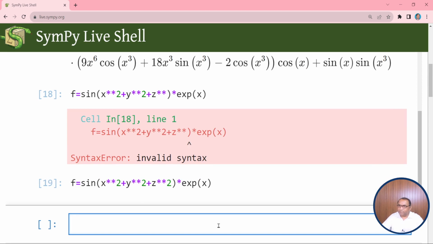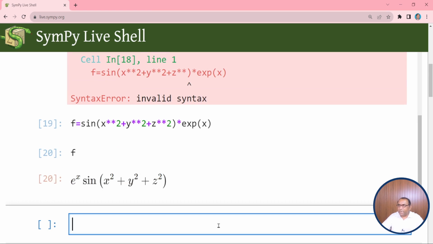When you enter, yes, again to print the value, enter f at its place, and you can see that this is the function which we inserted in the form of Python syntax. Now we want to find the partial derivative. For partial derivative also we are using the same function, diff.